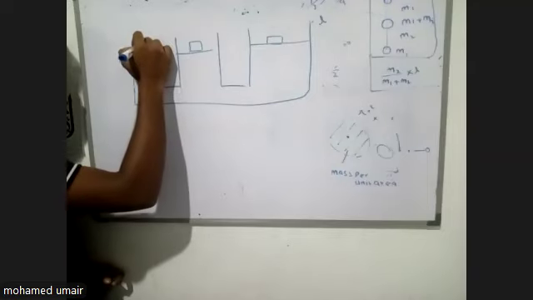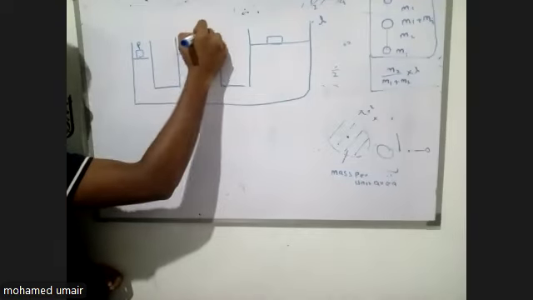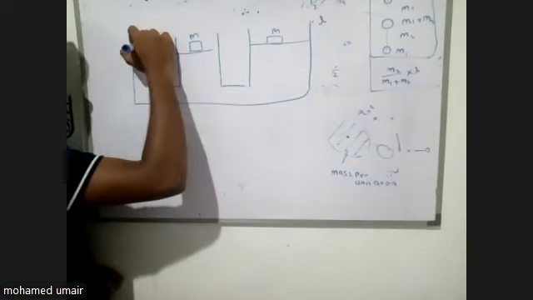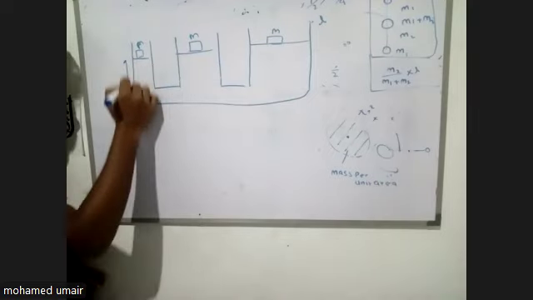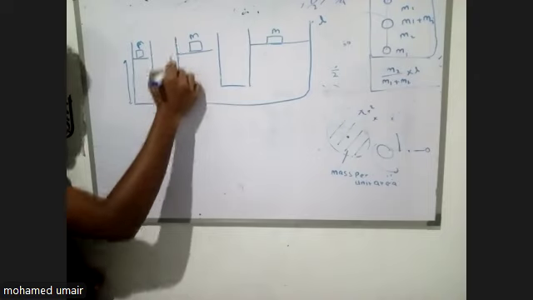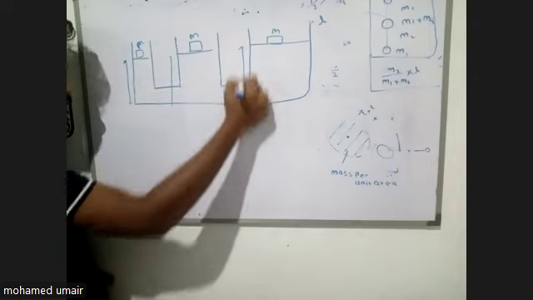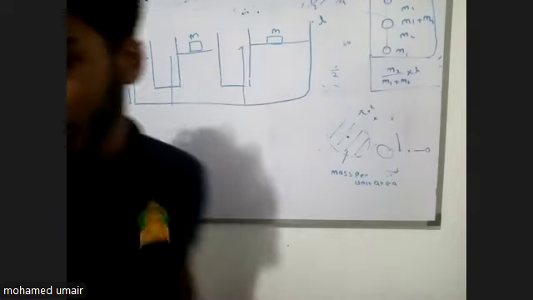We are having equal masses at this location, equal masses, and initially they are at the same level. So what was the theory you were using here?